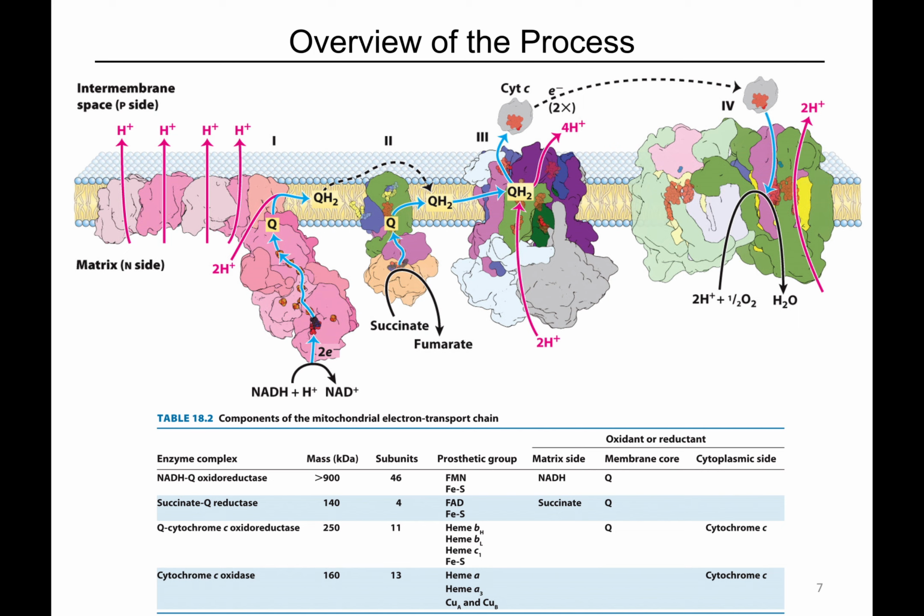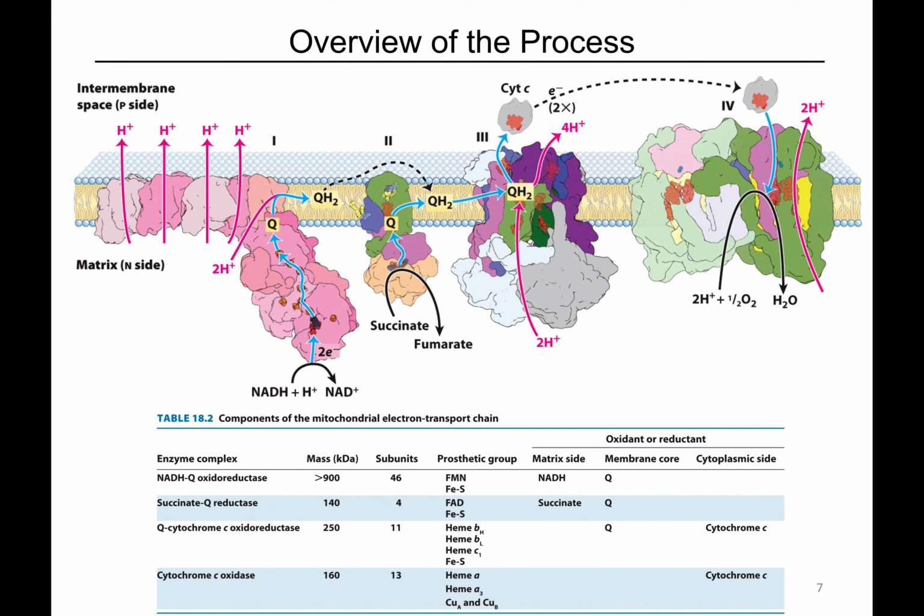So we ultimately take electrons from succinate, creating fumarate. We know that happens in the TCA cycle. Those electrons are ultimately given to coenzyme Q. So either complex 1 or complex 2 result in a reduced form of this molecule, coenzyme Q.